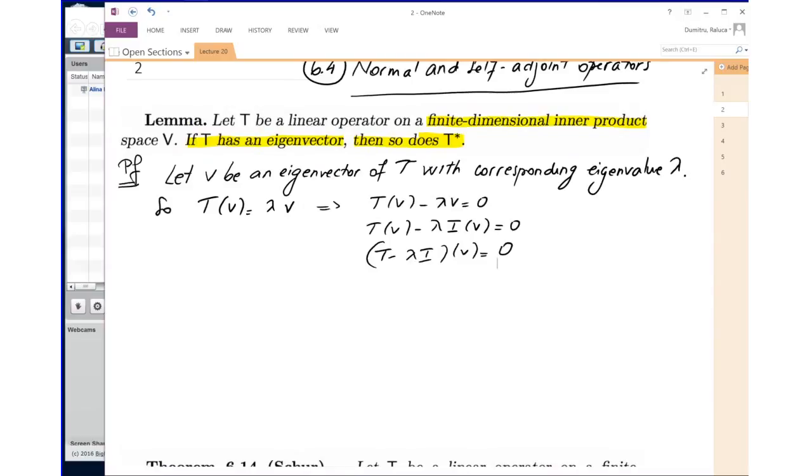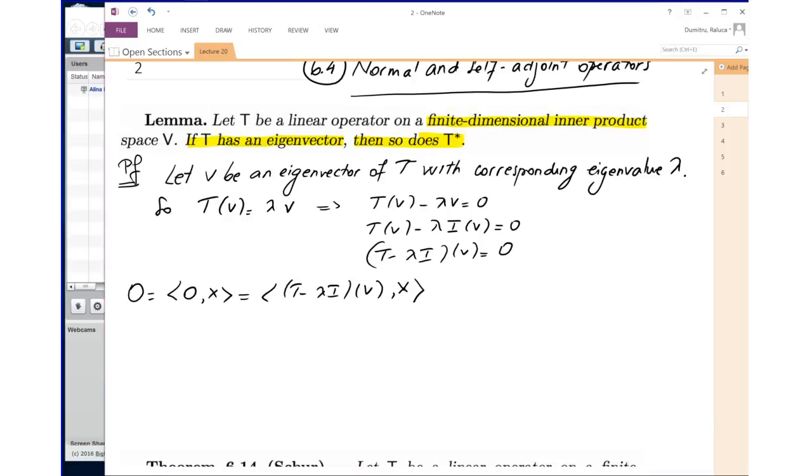To get to T star, we need to look at a certain inner product, and here is the inner product that we'll look at. It is the inner product between this T minus lambda identity of V, which we know is zero, right?